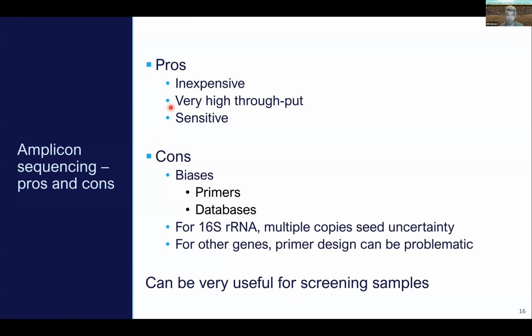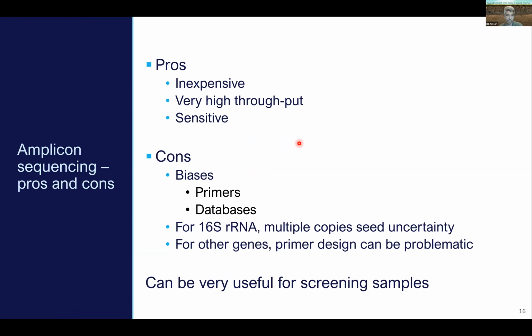If you decide to use some other gene for your amplicon sequencing, then you can get into issues with primer design. One of the reasons 16S is used is because of the high conservation across organisms. So if you want to look at another gene, it's not impossible, but primer design gets tricky to try and make those sensitive to all of the organisms that may be present in your community. Amplicon sequencing can be really useful for screening samples because of its inexpensiveness and its low biomass input requirements.